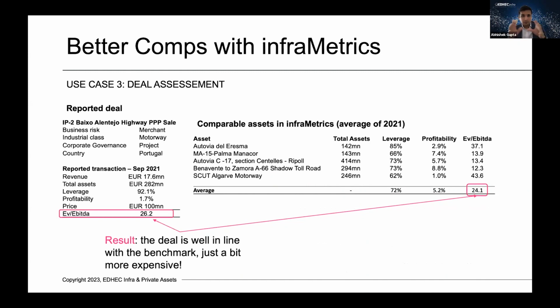If you take an approach like this, you can arrive at a valuation estimate that's reasonable. So our comps benchmark gives us 24.1 EV/EBITDA. And the deal was priced at 26.2. So it's a bit more expensive, but not completely off from the benchmark. And that's a result of selecting these comps from a very large database with a very strict criteria.